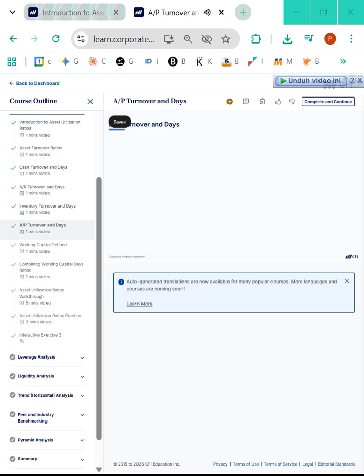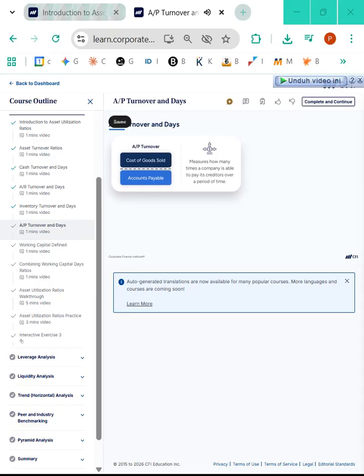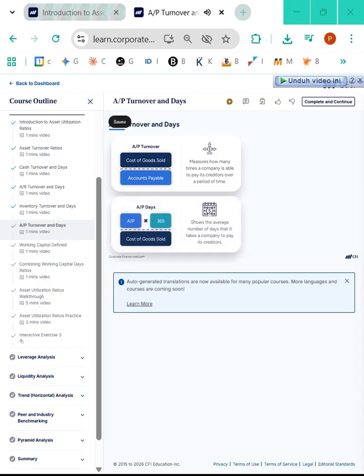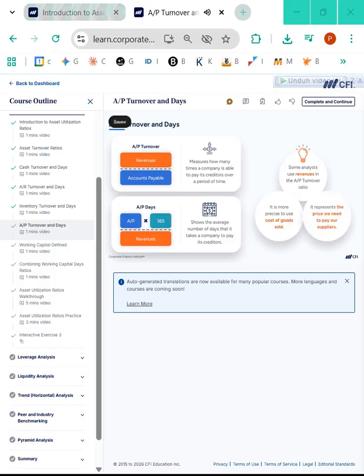Our final turnover and days ratio relates to accounts payable. You can see that we have used cost of goods sold again instead of revenue. Now, some analysts will need to use revenue, especially if cost of goods sold isn't disclosed on the income statement. But it's more precise to use cost of goods sold if it is available, because cost of goods sold represents the price we need to pay our suppliers.